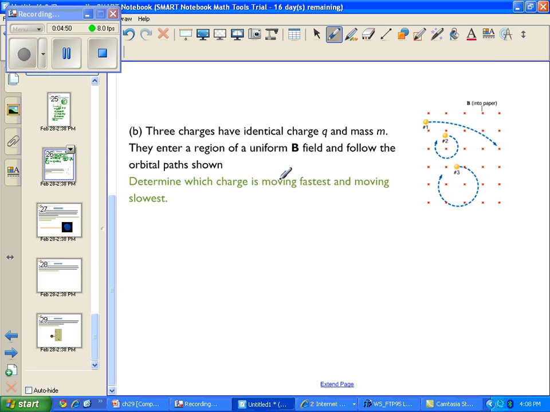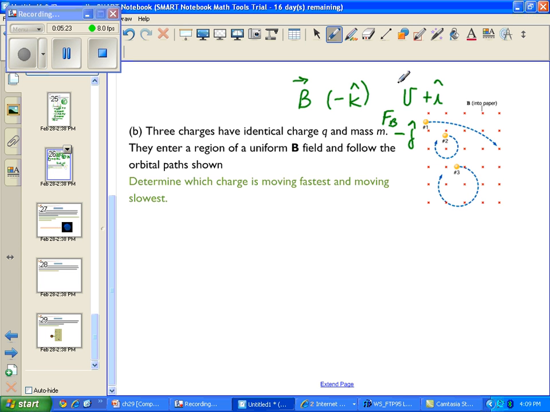Now let's come down here and look at this arrangement. We're told that 3 charges, this time you can see they're all charges because they all bend in the magnetic field, which again is given to us in the minus k hat direction. Each of these particles comes in with a velocity in the positive i hat direction. And notice that the bending is in the negative j hat direction. That's for FB.